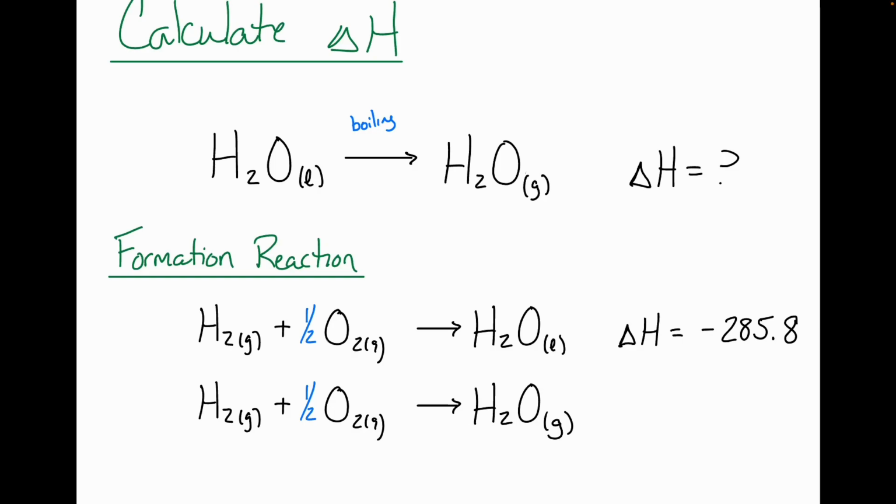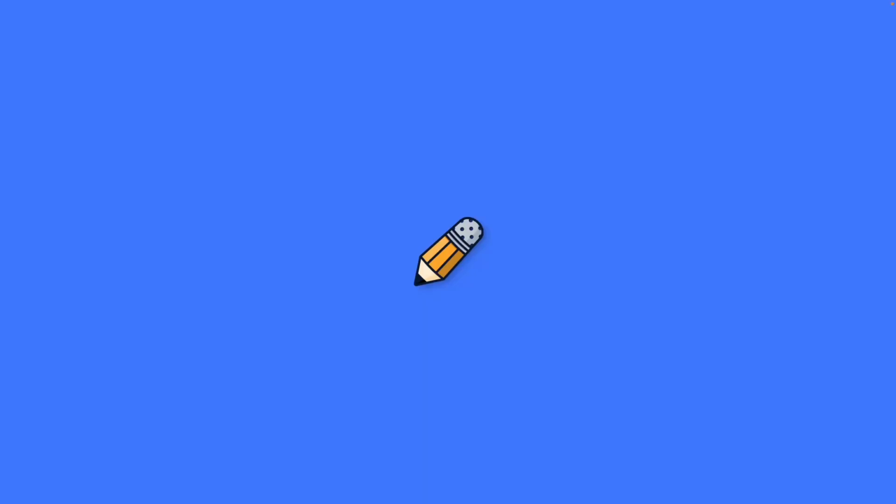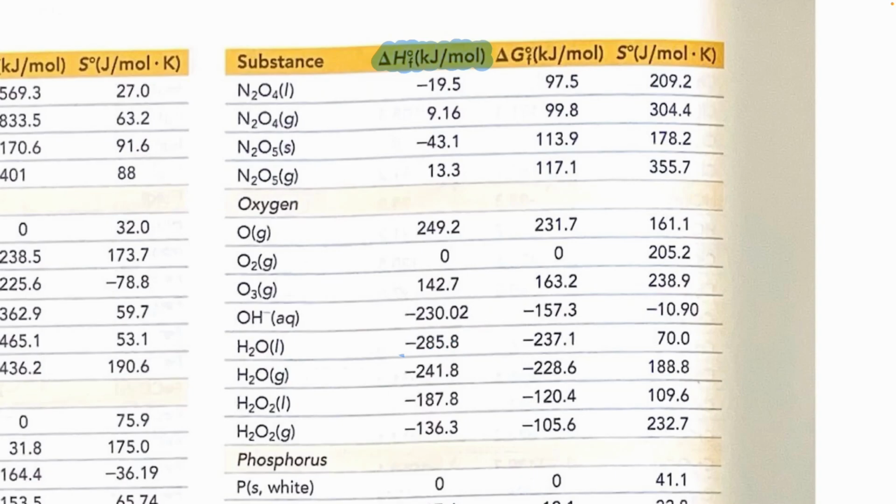All right, so then we look up that compound, our gaseous water. When we go to our constants page and we look up that value, what we see for gaseous water is, again, the enthalpy of that formation reaction, negative 241.8.